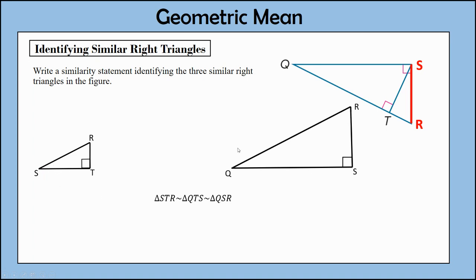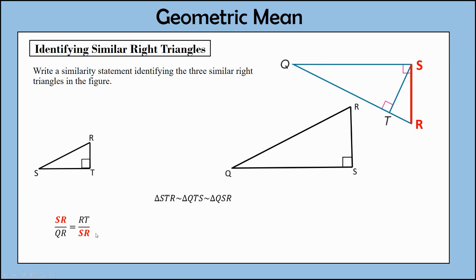Now, these two triangles are proportional, so I could say the ratio of this hypotenuse SR to the hypotenuse QR is equal to this leg RT to this leg RS. If I write that out, it looks like this: SR to QR, RT to SR. Notice that I have SR in both of my positions of my proportion.